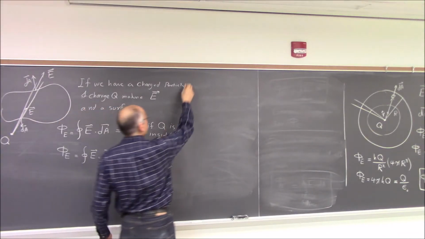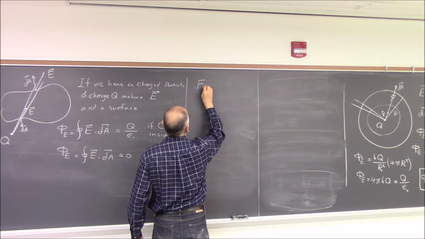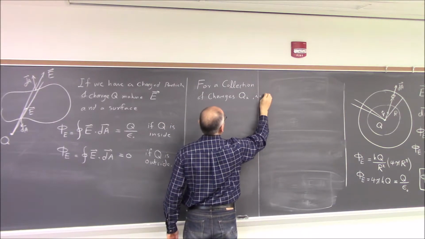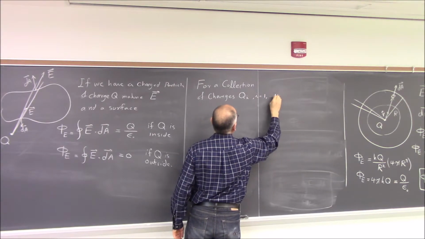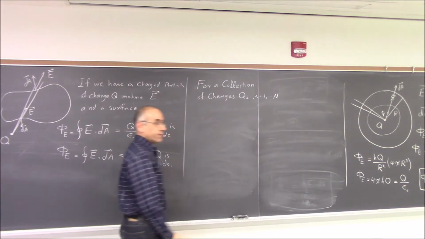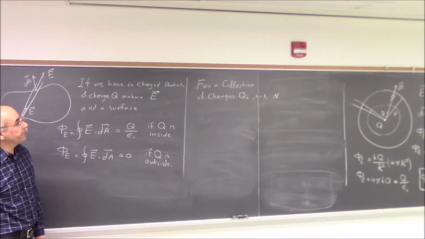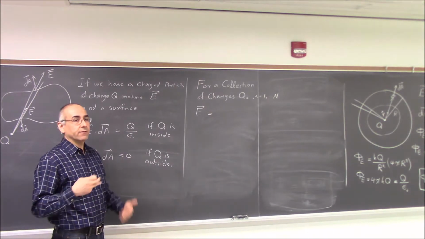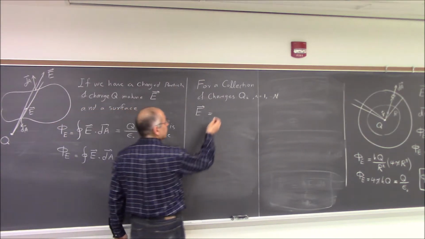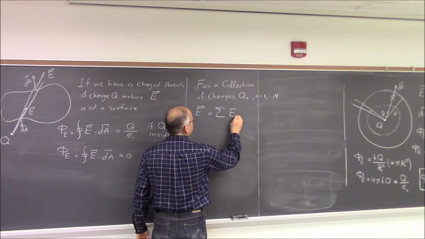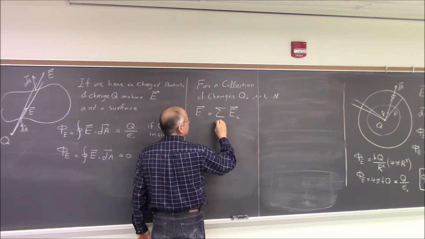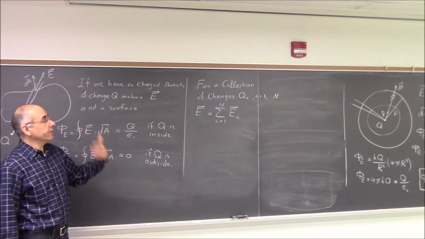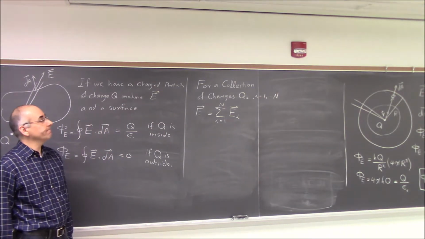Suppose we have a collection of charges, Qi, i from 1 to n, meaning Q1, Q2, Q3 up to Qn. The total electric field created by these charges is, remember, electric field has the superposition property. So we add all these electric fields due to each one, i from 1 to n. It gives you the total electric field, right?